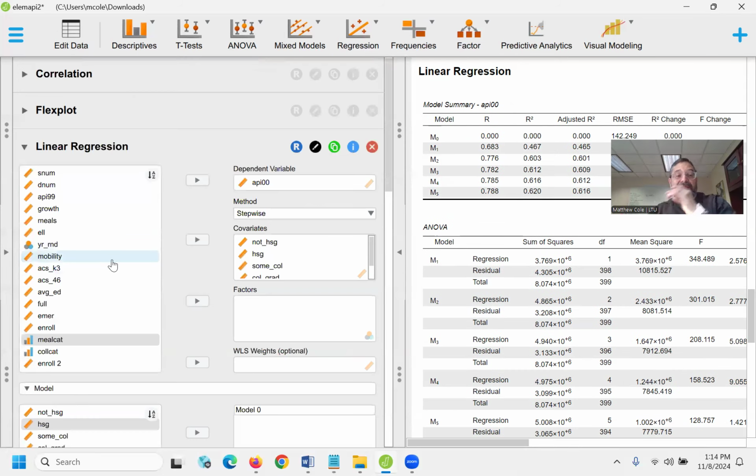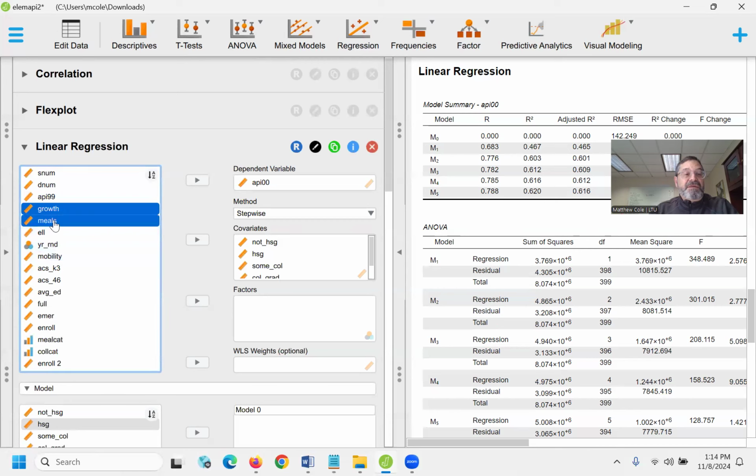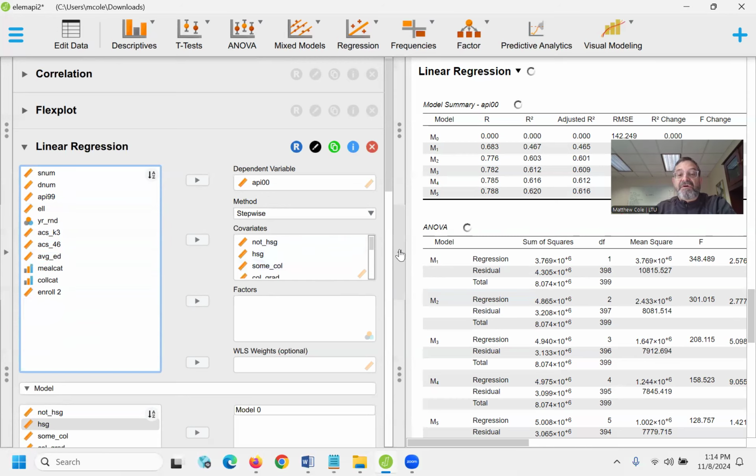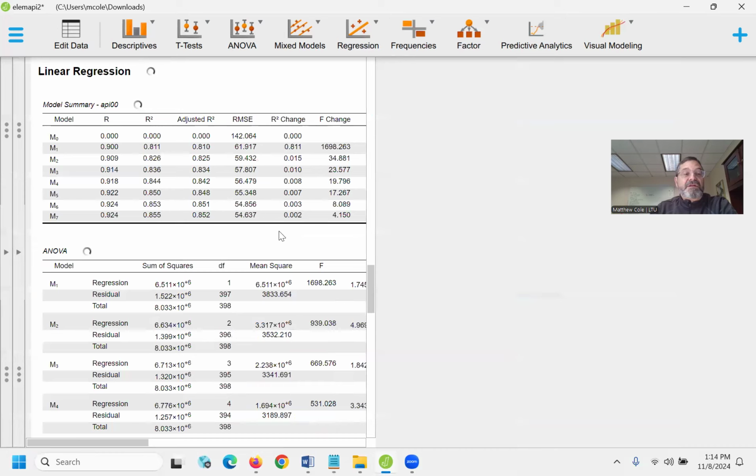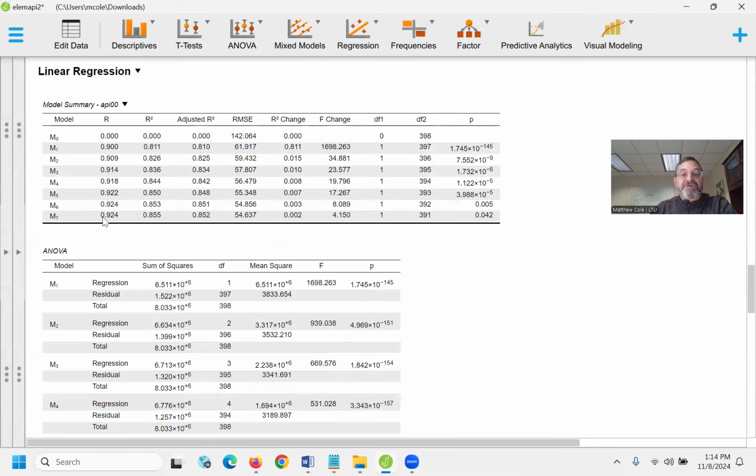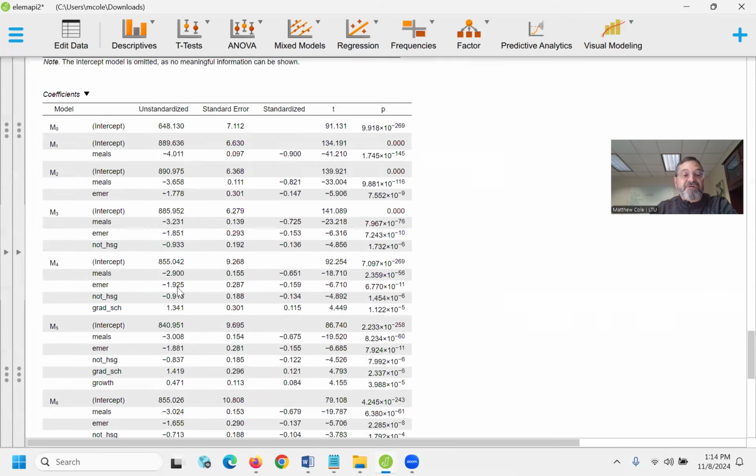As an example, if you wanted, we could just have some fun here. We can bring in growth and meals and mobility, full, emergent, enroll. Let's just add those in and see. Are all of those included? No, there's not. There's a few that were not included.